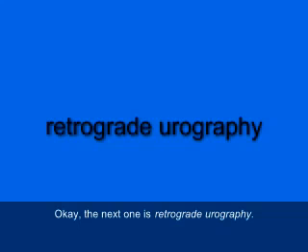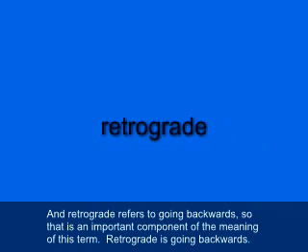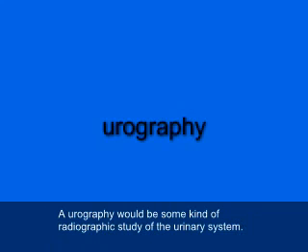Okay, the next one is retrograde urography. Retrograde refers to going backwards. So that's an important component of the meaning of this term. A urography would be some kind of radiographic study of the urinary system.